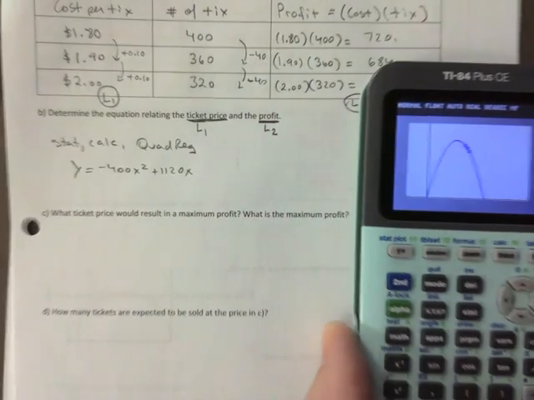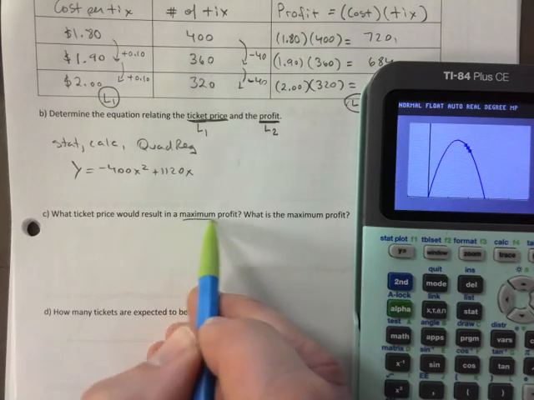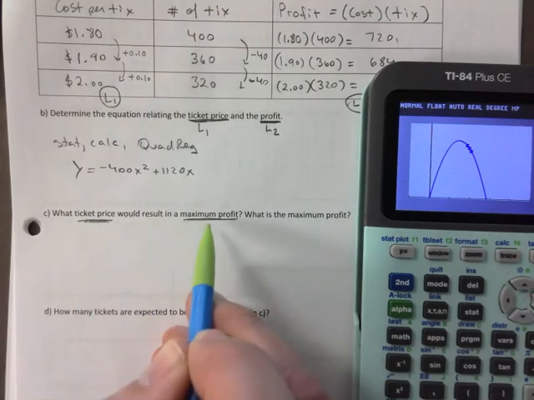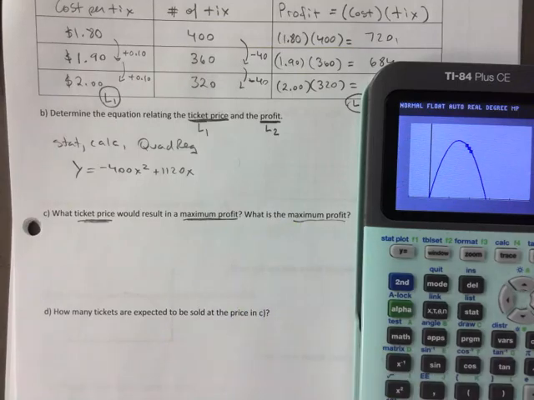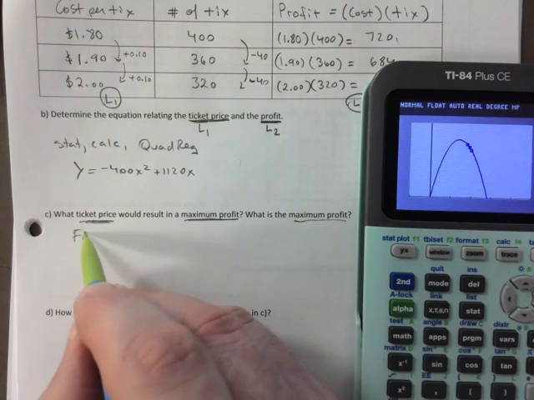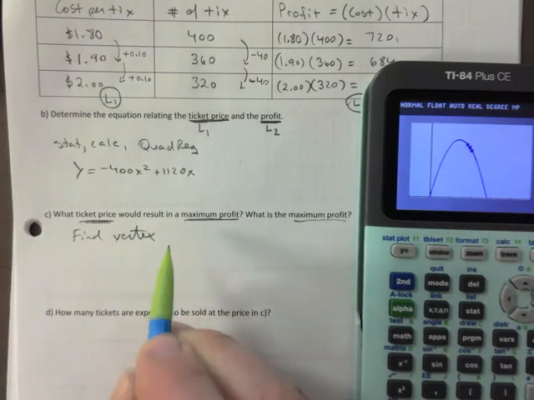Okay. What ticket price would result in the maximum profit? So they want the ticket price and what the maximum profit would be. Okay. What is that maximum profit? That's found at the vertex, right? Find vertex. Always read carefully, of course.